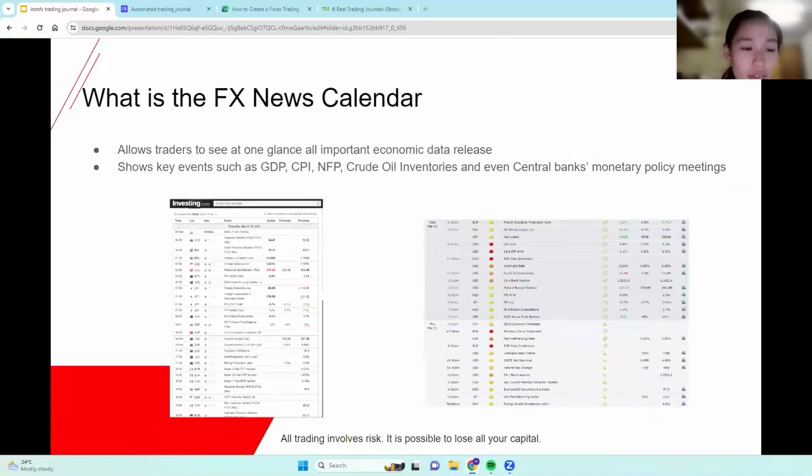So let's look at what exactly is an FX news calendar. Firstly, on the left, over here, we have investing.com. And on the right is forexfactory.com, which is the one that I typically prefer to use. But they're basically about the same. They give you the dates that you're looking for. You can filter the dates.